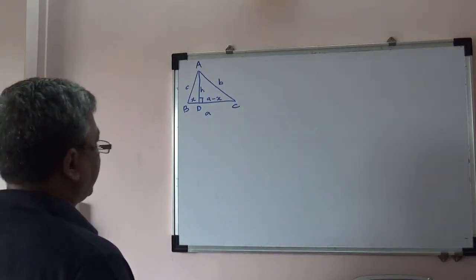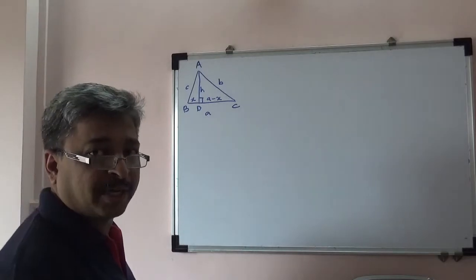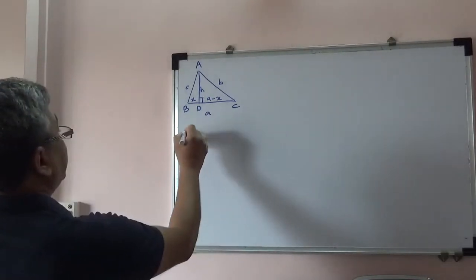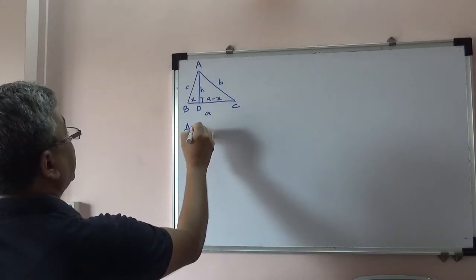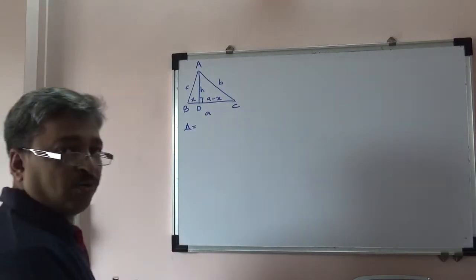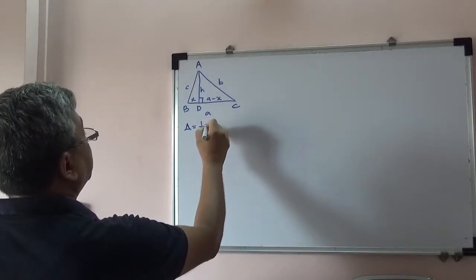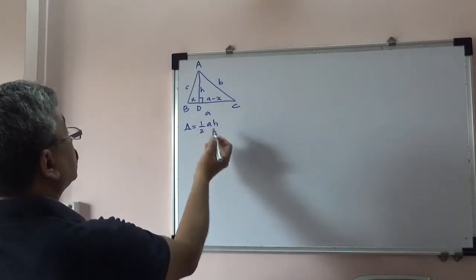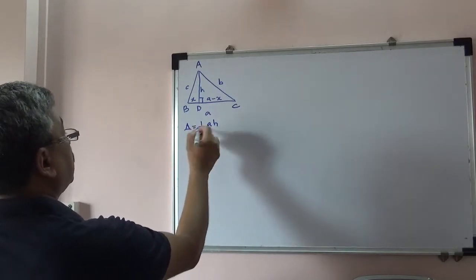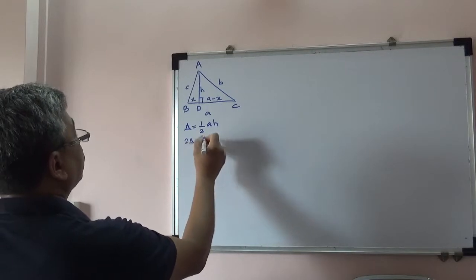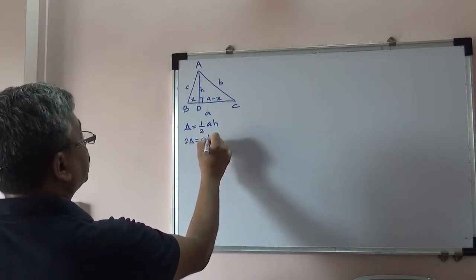So here we are assuming that the area of the triangle is half base into height, and so delta, let us begin with that only. Delta is the symbol for the area of triangle ABC, which is half into AH. So I will keep some algebra ready. 2 delta is equal to AH.